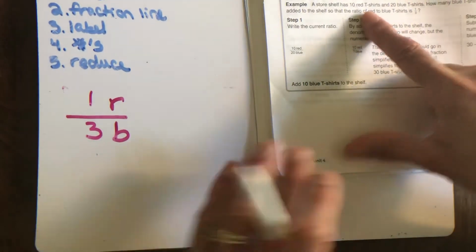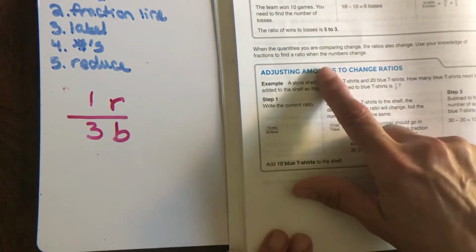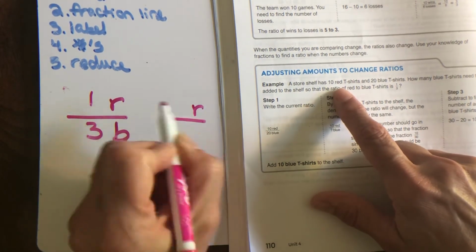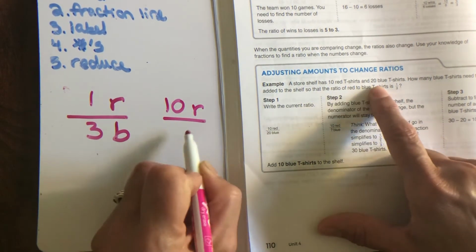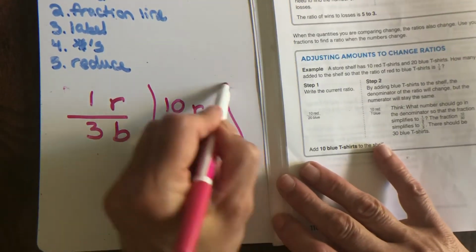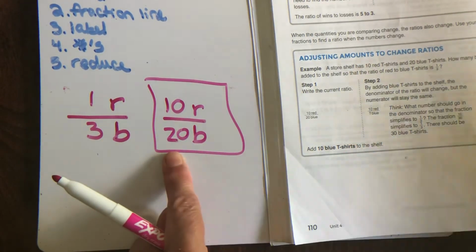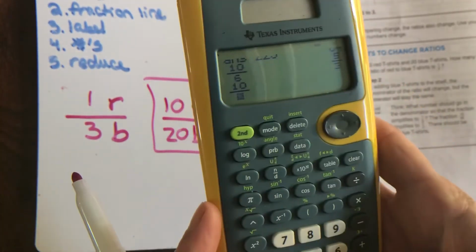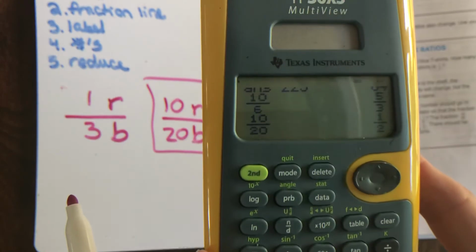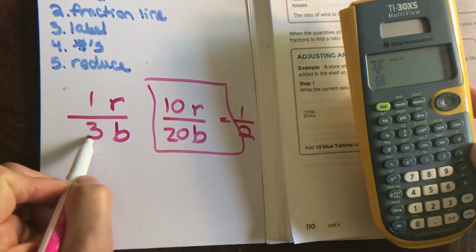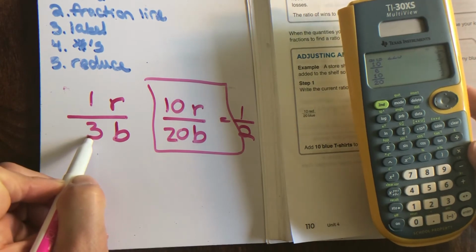So this is what we want, red to blue. So how many red t-shirts do I have for my problem over here? I have 10 red and I have 20 blue. Well, when you reduce that, what do you get? 10 over 20. Put it in the calculator. So 10, fraction line 20, I get 1 to 2. That's not going to give me a reduced thing to get 1 to 3.